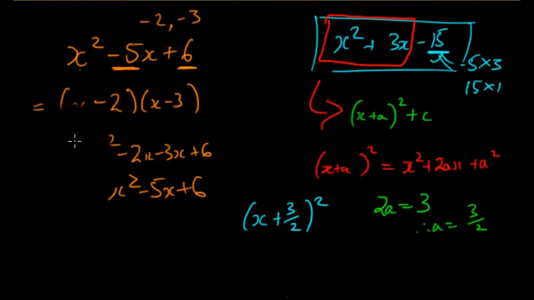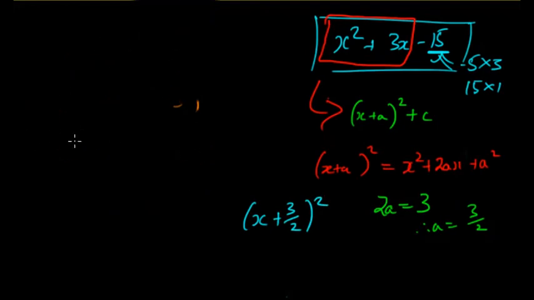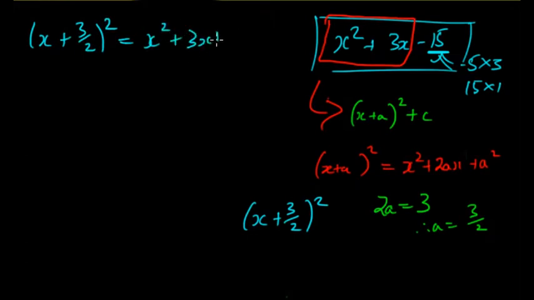So we'll have x plus 3 on 2 squared. What does that give us? That gives us x squared plus 3 on 2 x plus 3 on 2 x, which is plus 3x, and then plus 3 on 2 squared. There's no 3 on 2 squared in our original expression, but we can easily get rid of it by going minus 3 on 2 squared.